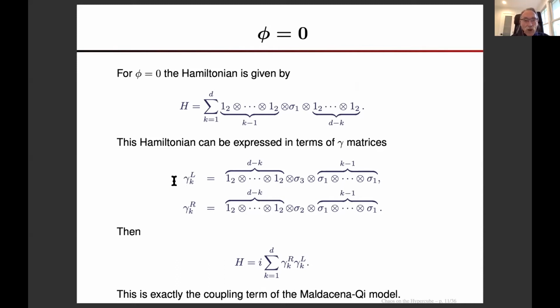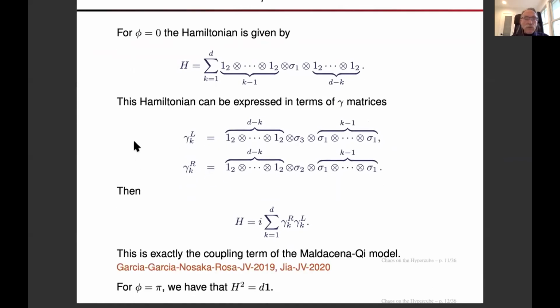We can call this the left gamma matrices. There are d of them, and these are the right gamma matrices. And then the Hamiltonian is given by the sum from k equal to 1 to d of gamma k right times gamma k left. And this is exactly the coupling term in the so-called Maldacena-Qi model. So we expect that this model also has a description like the Maldacena-Qi model.